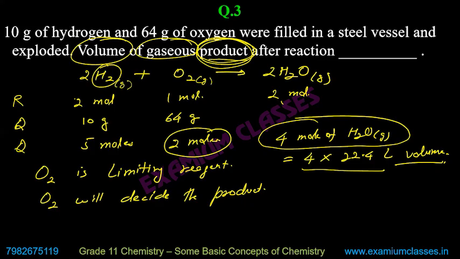You will get water at very high temperature or when there is a spark. That spark ionizes the hydrogen and oxygen, and then steam is produced. The temperature is so high that it is not in the form of water, it is in the form of steam. That's why the question says vessel and exploded. Exploded means the temperature is very high or sparking is done.